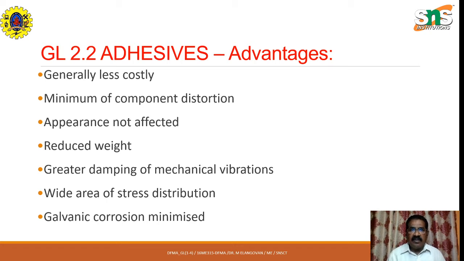Weight is very much reduced. Great damping of mechanical vibration because of the adhesion. The vibrations may also come down. Wide area of stress distribution. Galvanic corrosion is also minimized, because otherwise when I use these fasteners, etc., they are bound to get corroded.